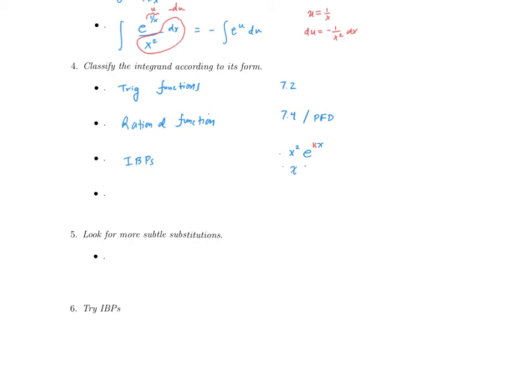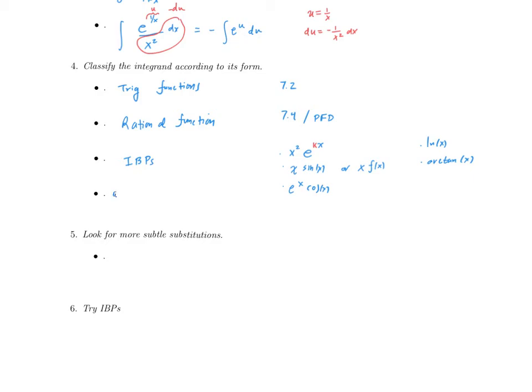Or things of the form x times a trig function, or really x times any function might make us think of integration by parts. Maybe an exponential times a trig function, or one of the inverse functions: natural log of x, arctangent, arcsine, arccosine. These are all examples of functions which are well suited for integration by parts.